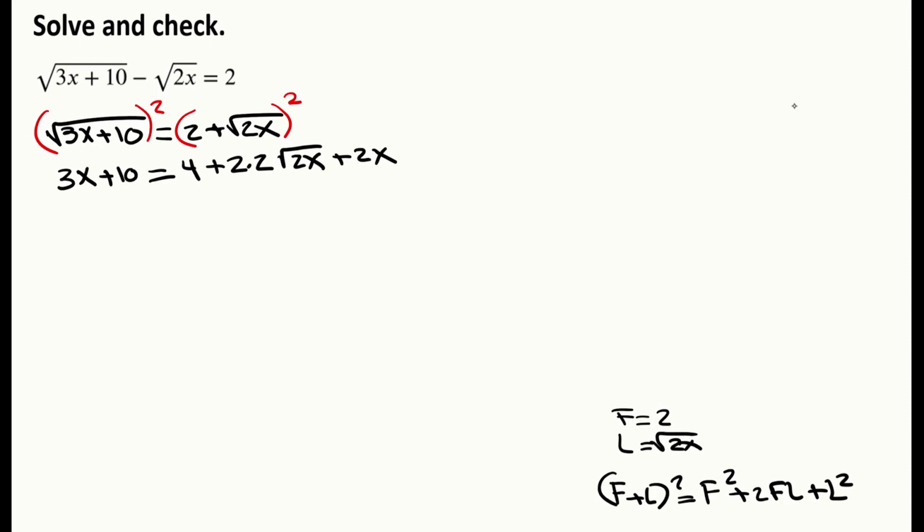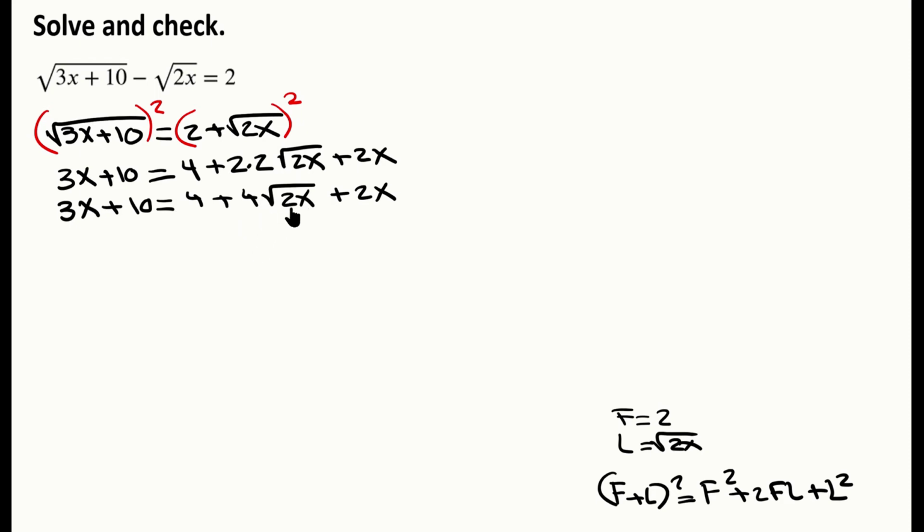And now we have 3x plus 10 equals 4 plus 4 radical 2x plus 2x. Now we notice that we've finished with simplifying the left side and the right side, and we still have a radical left. So we're not finished with squaring in this problem.